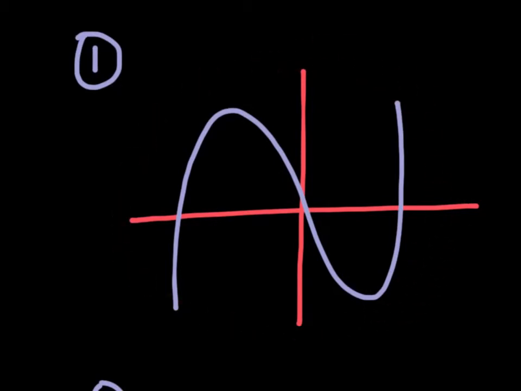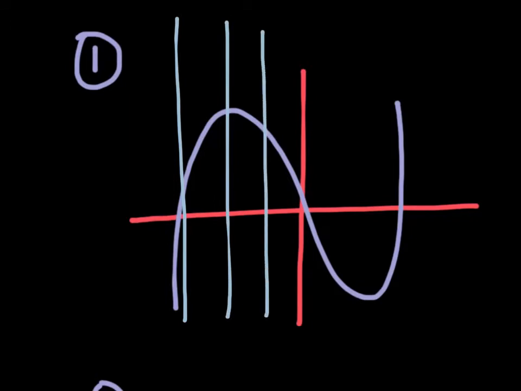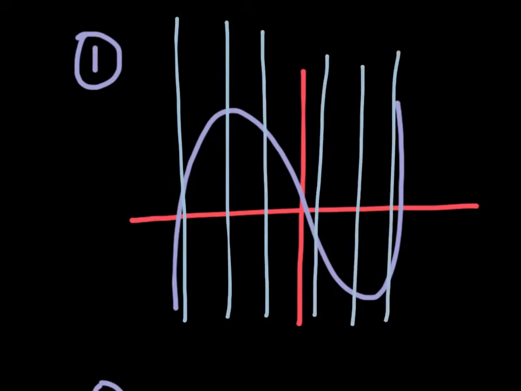To test this, we can try our vertical line test. Is there anywhere on this graph where the blue line intersects the purple line multiple times? No, there is no place where that happens. So this is a function.